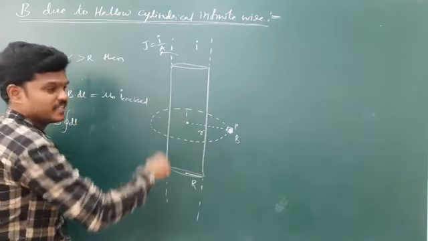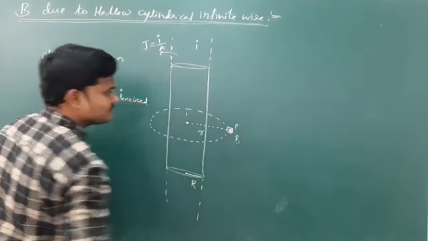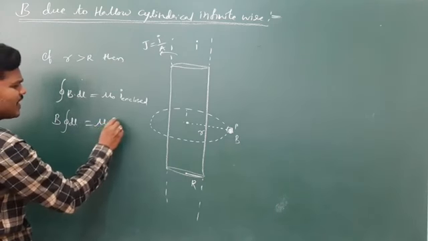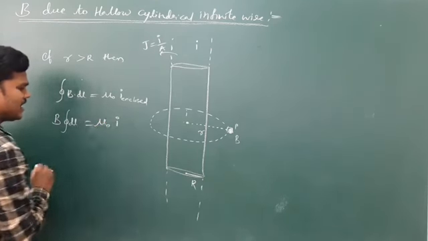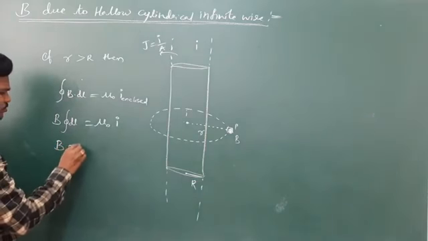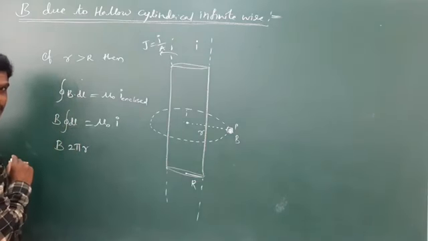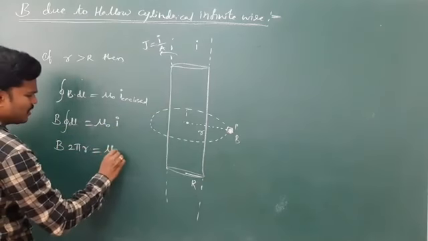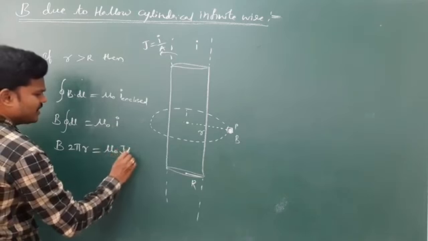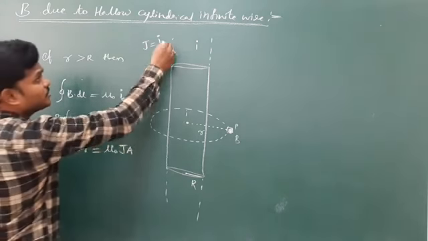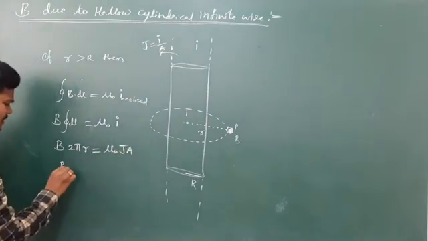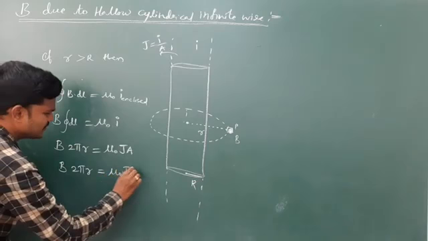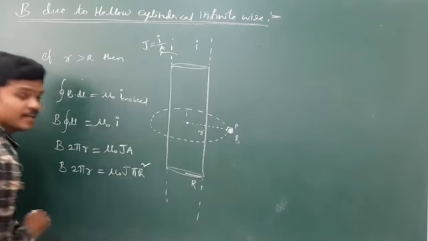These are known things. So the angle between B and dl is 0, they are parallel. So mu naught I enclosed, which is nothing but only I. So B times 2 pi r, the length of the loop. So B 2 pi r equals mu naught I, and this I can be written as J into A, I is equal to J into A. So B 2 pi r equals mu naught J times pi R square.